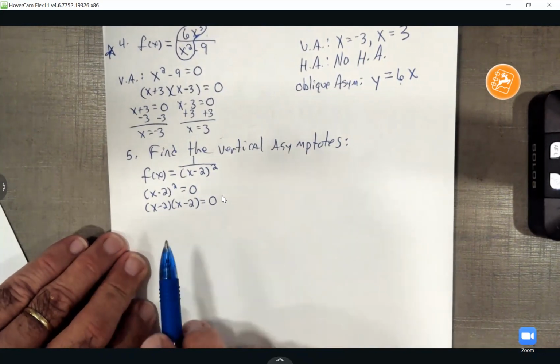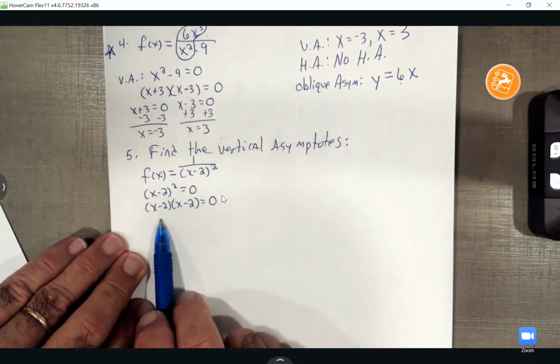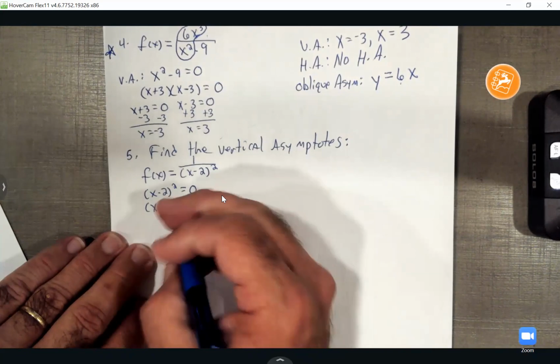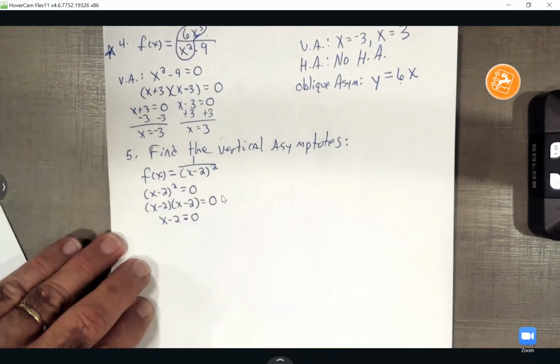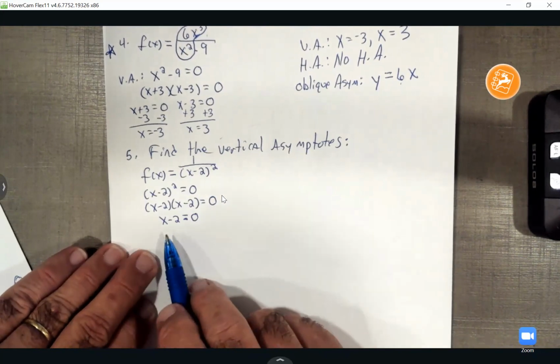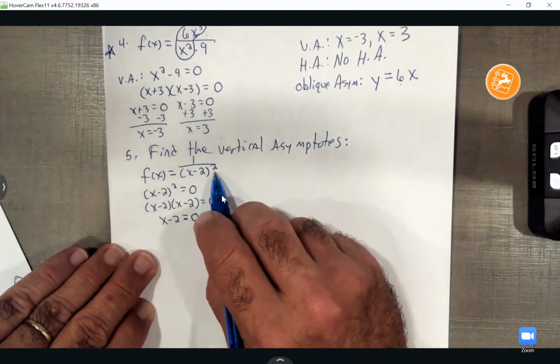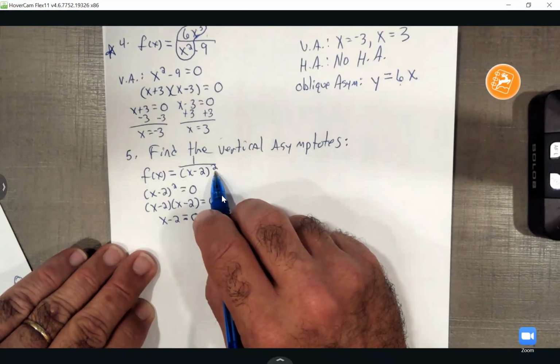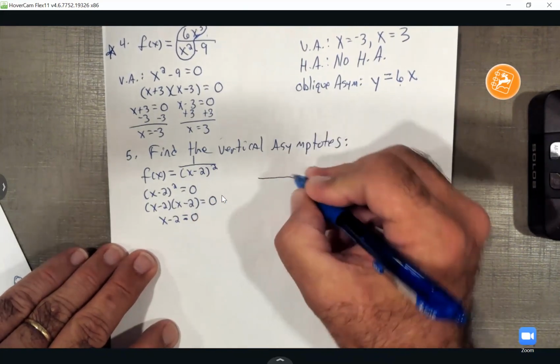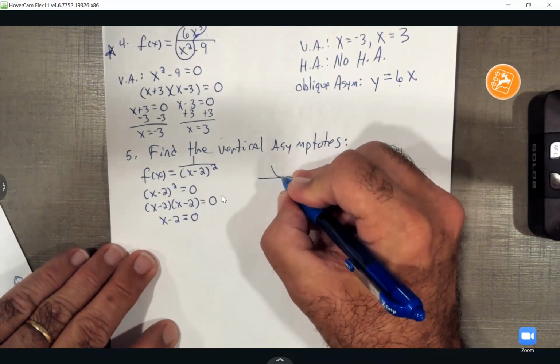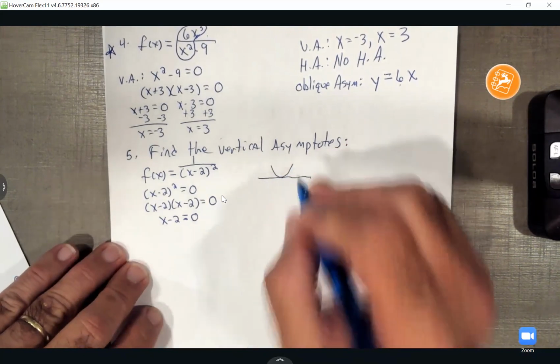So guess what? Since these factors match up, I don't have to solve that but one time to get my asymptote. So this will only have one asymptote, but y'all, that's because this one is a multiplicity 2. And remember, multiplicity 2s come down and touch the x-axis.